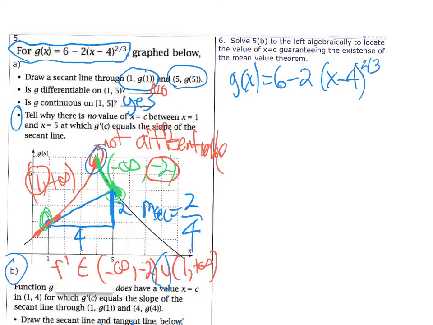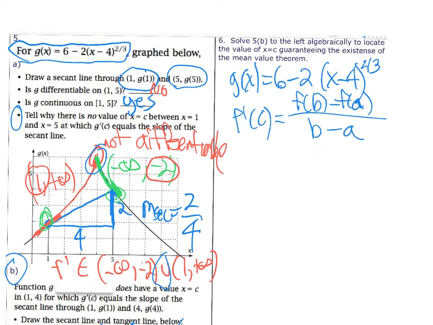And what we need to do is, the mean value theorem says f prime at c equals f at b minus f at a all over b minus a. Now the nice thing is, we can figure all these things out. The first thing I always do is figure out the secant slope. So what is the secant slope?